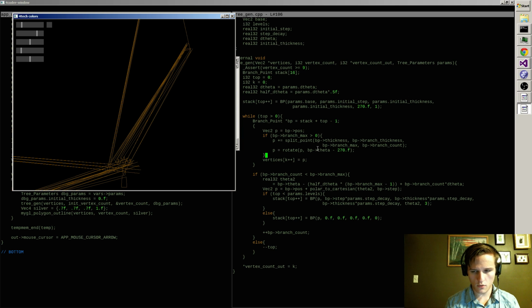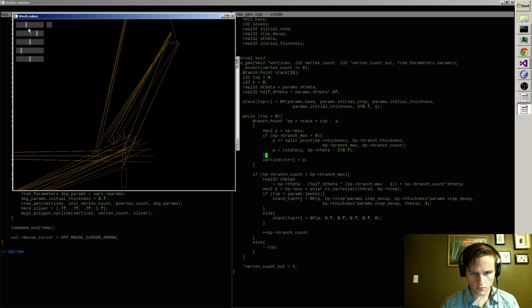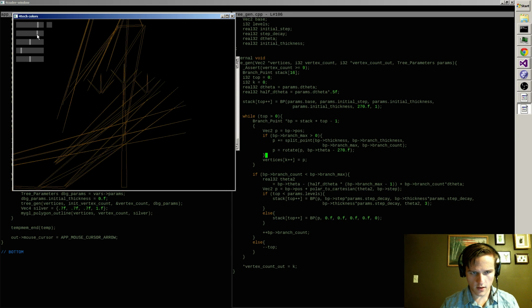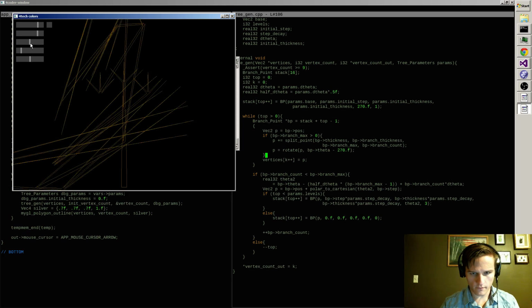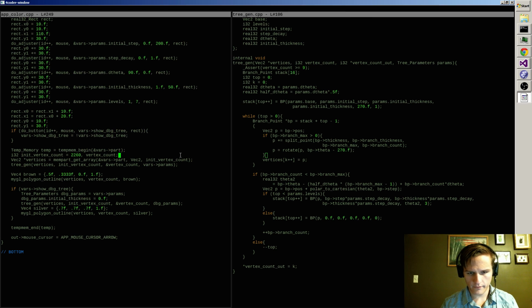Whoa! No, no! That is not the right idea at all. Okay, something's off with that rotate, probably. Oh, you know what I should do? I'm rotating it around the wrong point.